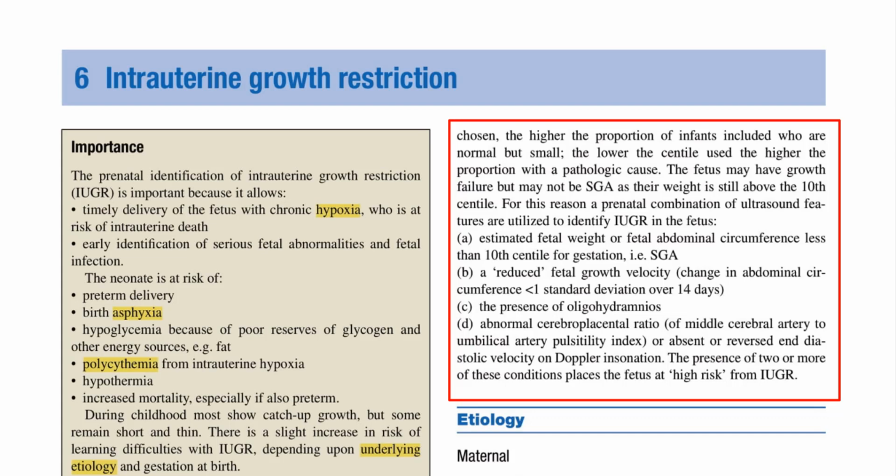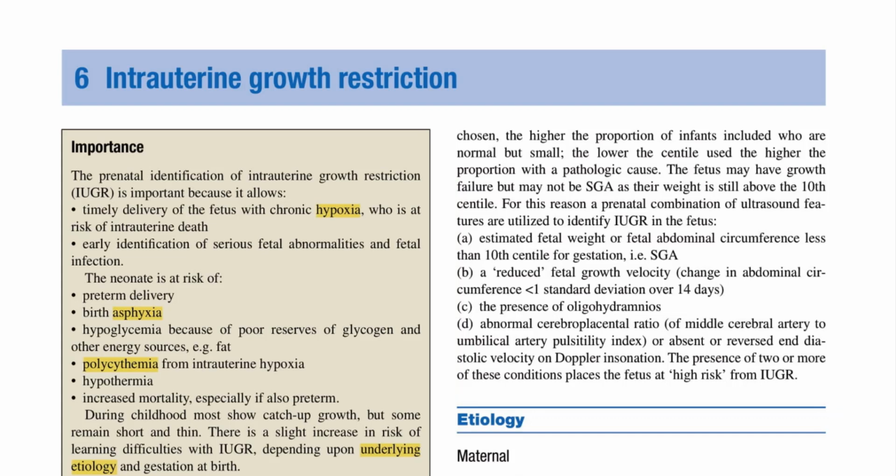C. The presence of oligohydramnios. D. Abnormal cerebroplacental ratio, of middle cerebral artery to umbilical artery pulsatility index, or absent, or reversed end diastolic velocity on Doppler ensonation. The presence of 2 or more of these conditions places the fetus at high risk from IUGR.